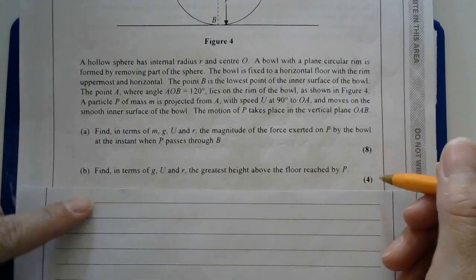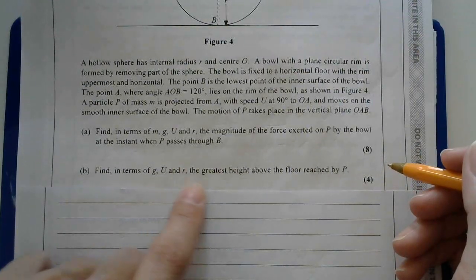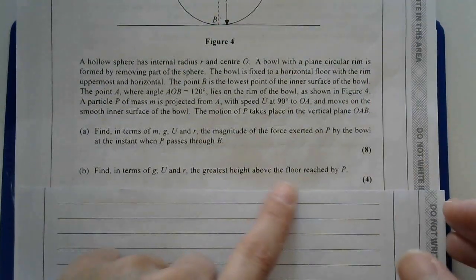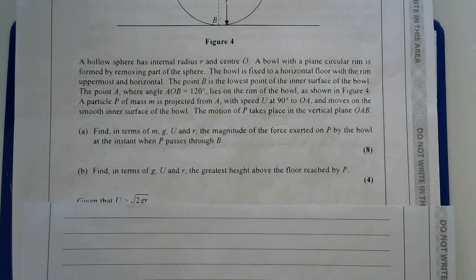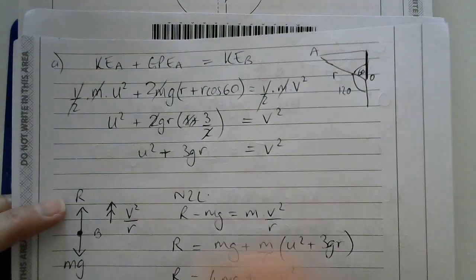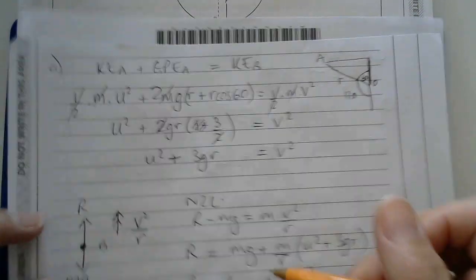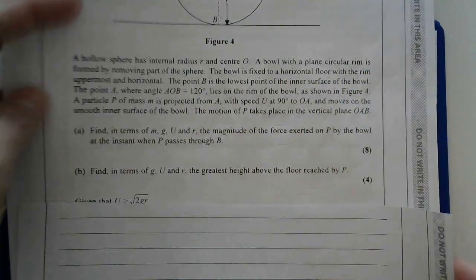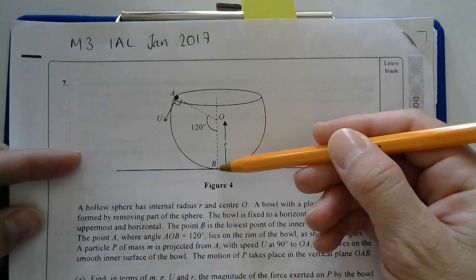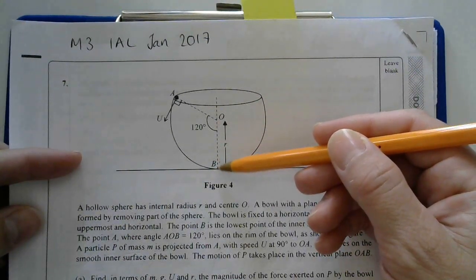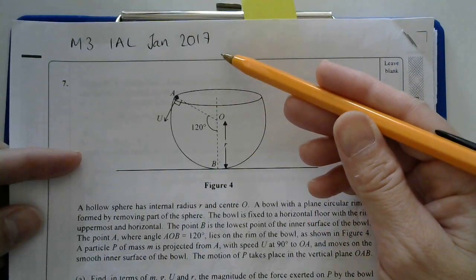Now in part B, it says find in terms of g, u and r the greatest height above the floor reached by P. Now, because you've already got quite a lot of information about what's happening at B, you might be tempted to say, okay, well, the kinetic energy at B, all of that will just become gravitational potential energy.